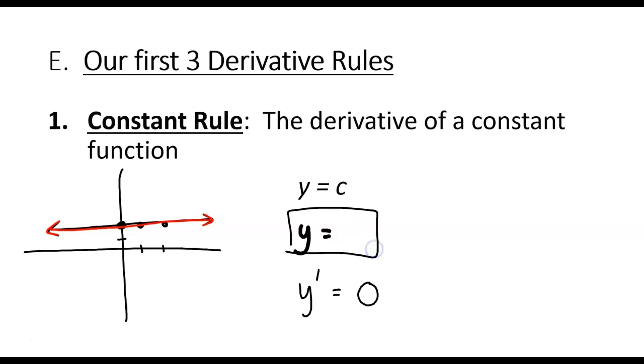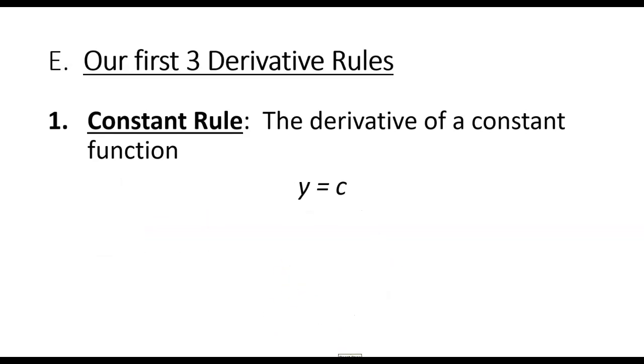It could have been a 5. All that's going to do is make this flat red line go up a few spaces to y equals 5, but the slope is still going to be 0 because it's still a flat line. So my first rule is known as the constant rule. Anytime you have y equals a number, the derivative is 0. That's simple. The slope is always 0.